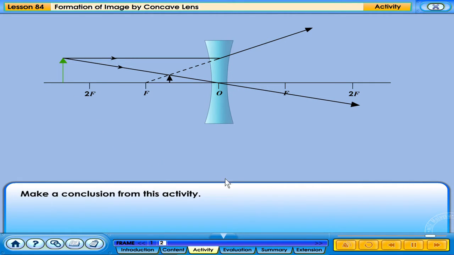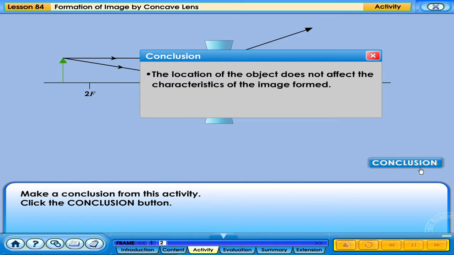Make a conclusion from this activity. Click the conclusion button. The location of the object does not affect the characteristics of the image formed. The image is always virtual, upright, and diminished.